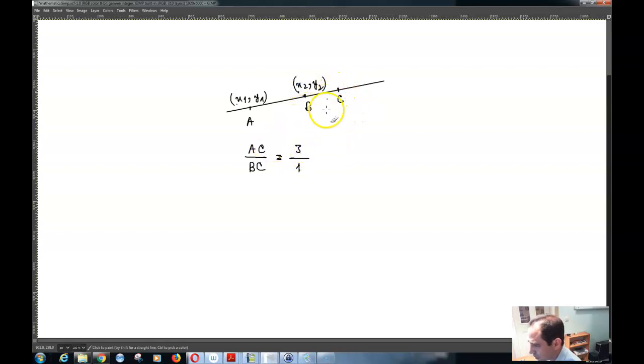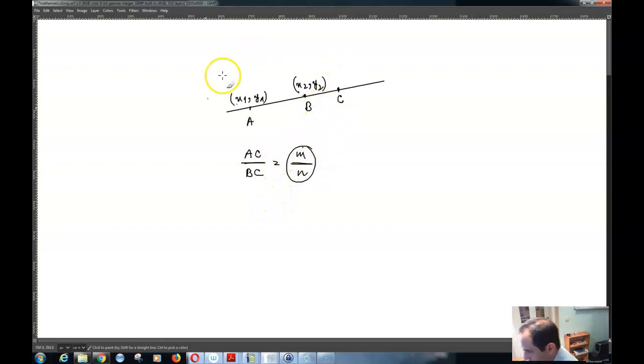Let's call the ratio of AC to BC, for example, m to n. Now we want to find the coordinates of this point C in terms of x1, y1, x2, y2, and this ratio m to n.